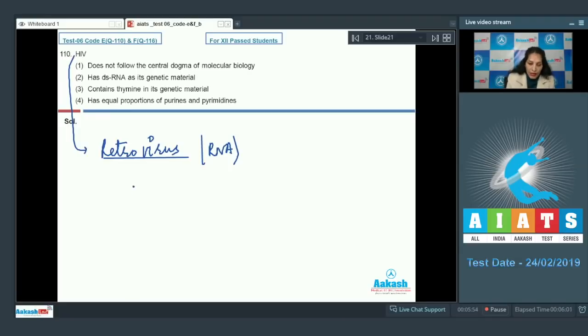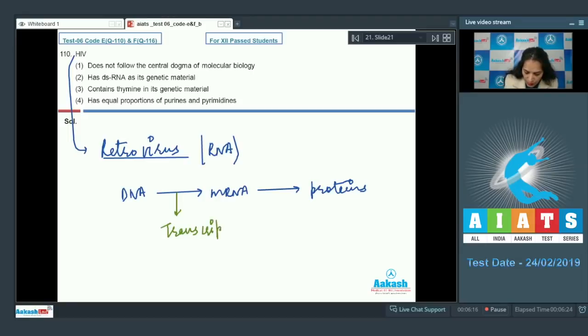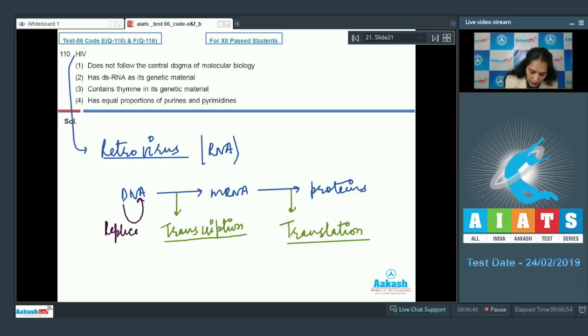Central dogma of molecular biology says that DNA forms the mRNA and mRNA forms the proteins. So this step is transcription, and this one is translation. And DNA can make its copies with the help of replication.